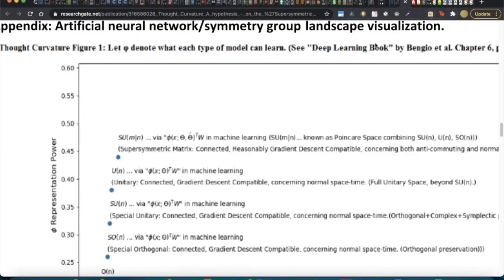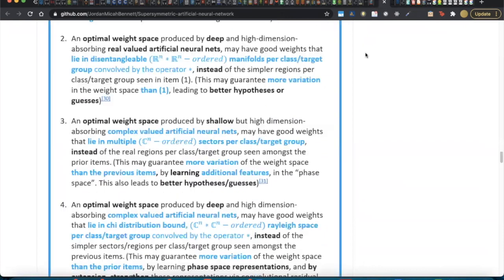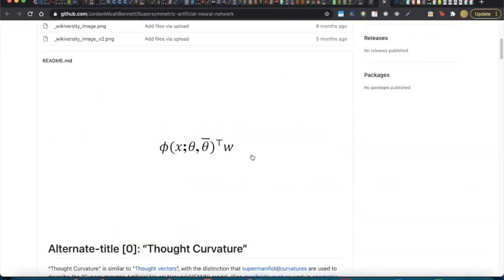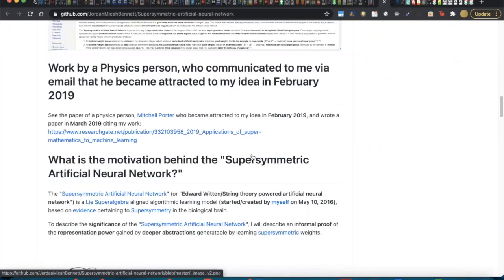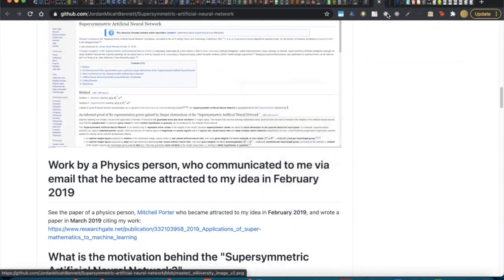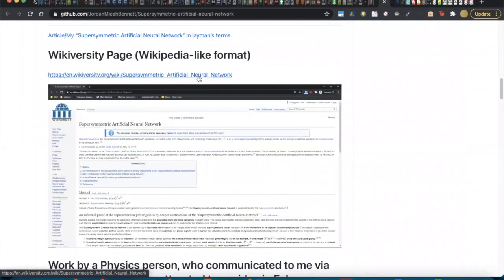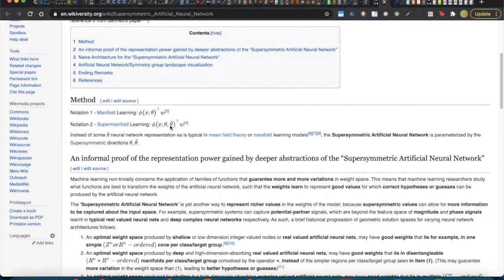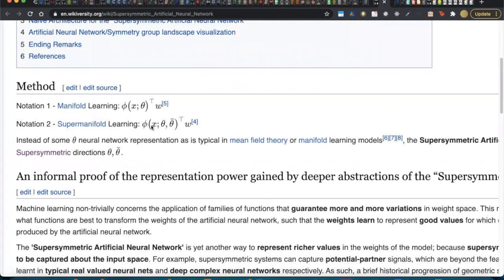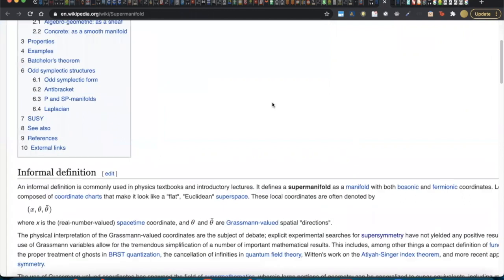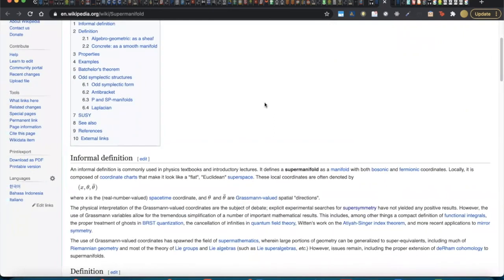Matthew, if we go to Wikipedia, supermanifolds now, please. Yeah, so that's my notation there, but I want to go to the Wikipedia page on supermanifold, not by me, but pre-established things. In physics, that's what the notation looks like.